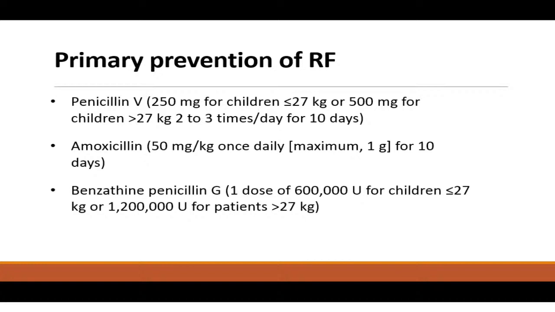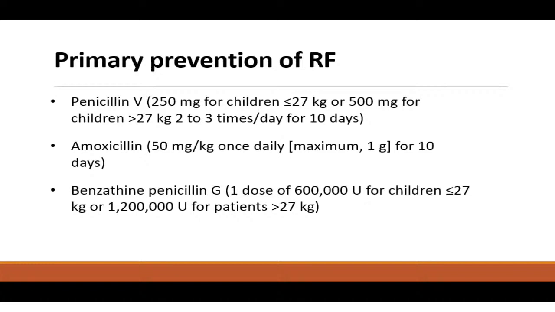These are the primary prevention of rheumatic fever if a patient has streptococcal pharyngitis, for example. So you prescribe penicillin or amoxicillin or benzathine penicillin G in these dosages.